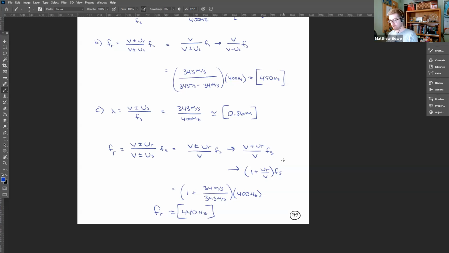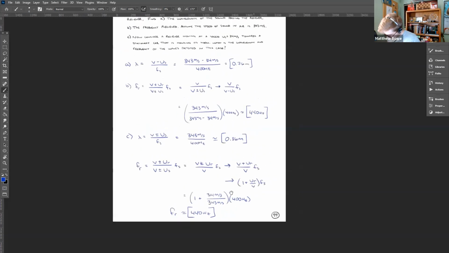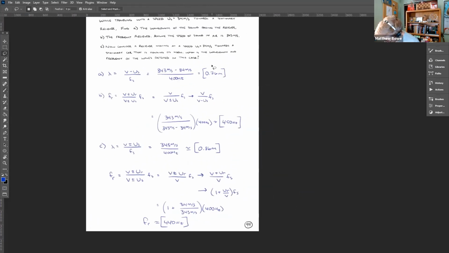You could also figure out how fast the source itself is moving. Say you were blindfolded and you were given this problem, you would have a way to figure out that this car horn sounds higher not because the car is approaching me, but because I am approaching the car horn. So that's a way to determine, using the Doppler effect, what exactly is going on.